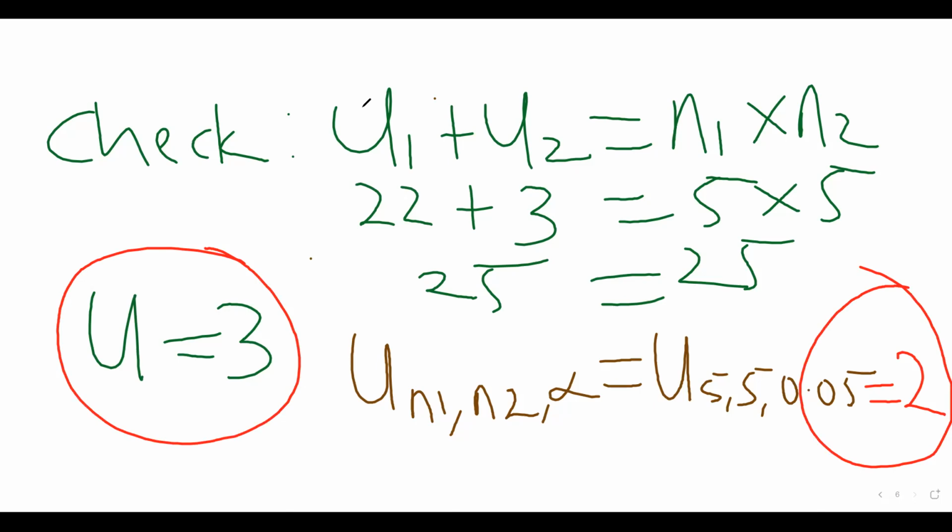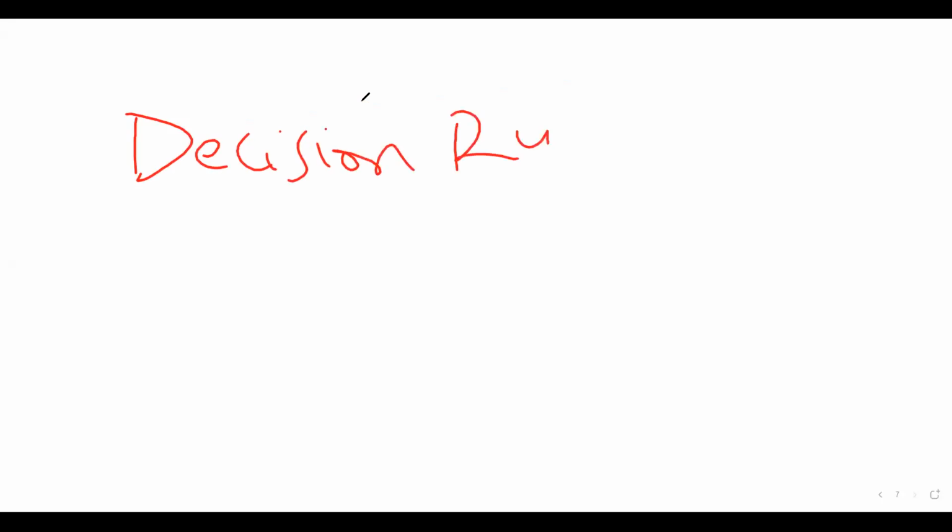Now, you need a decision rule to do that. Anytime you are doing this, you need a decision. The decision rule is very simple. For the parametric T statistic, if the calculated is greater than the tabulated, you reject the null hypothesis.